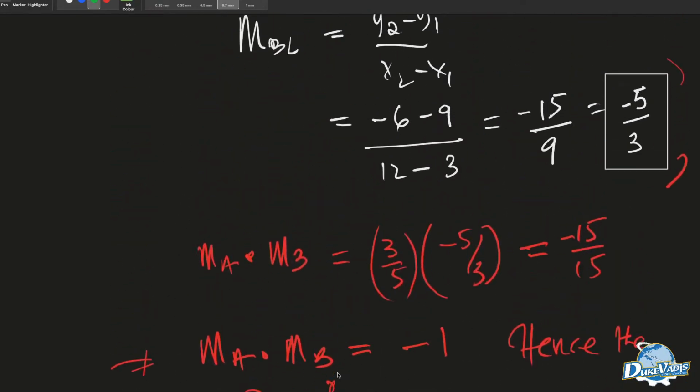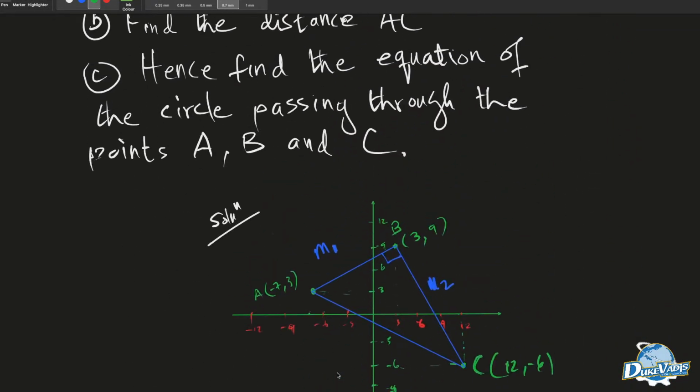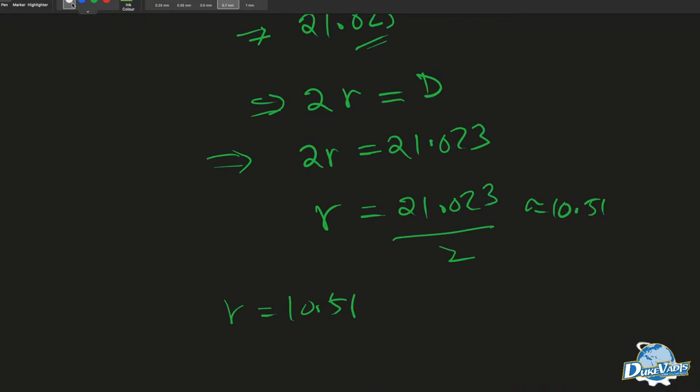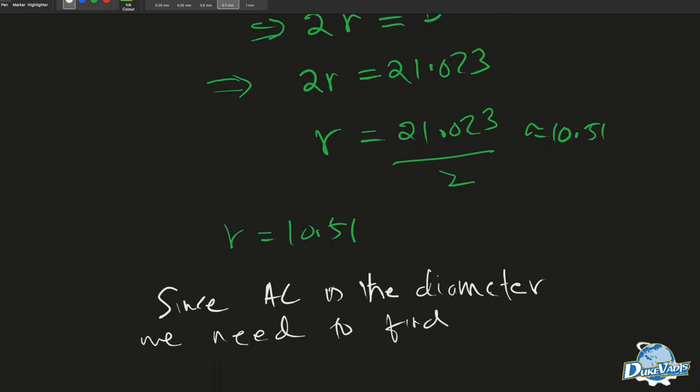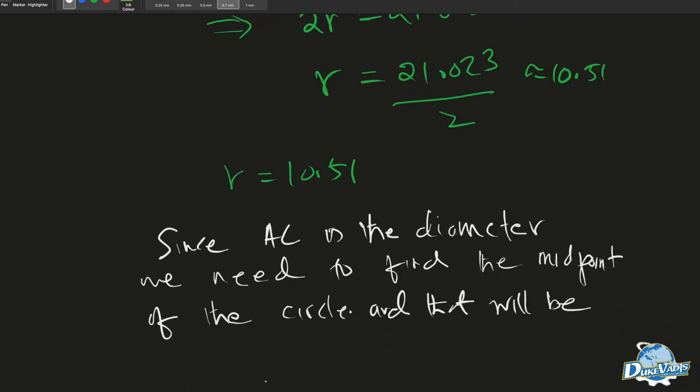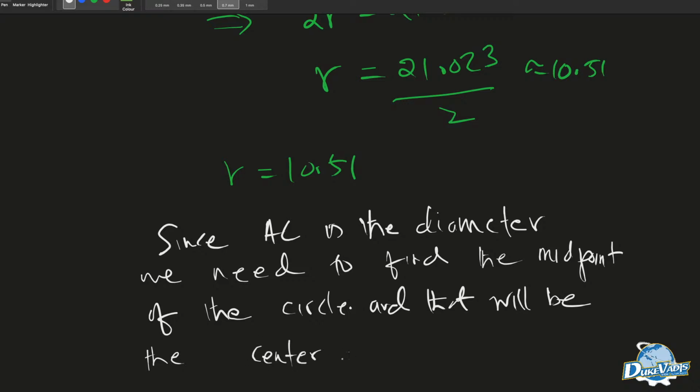Because the last part of the question says, hence find the equation of the circle passing through the points A, B, C. Now we know that AC is the diameter, so we need to find the midpoint of the circle, and that will be the center of the circle.